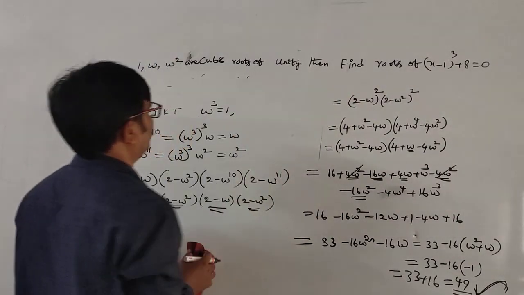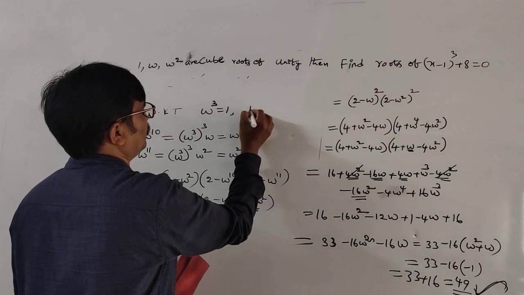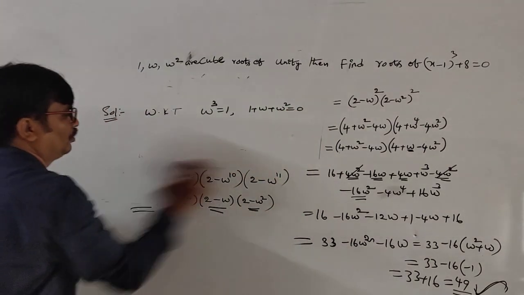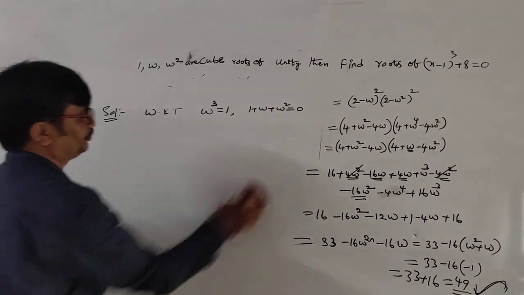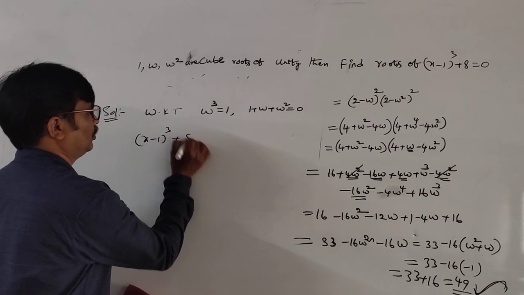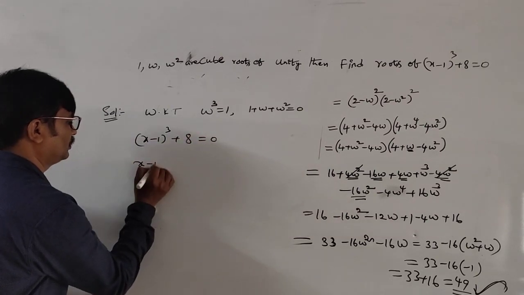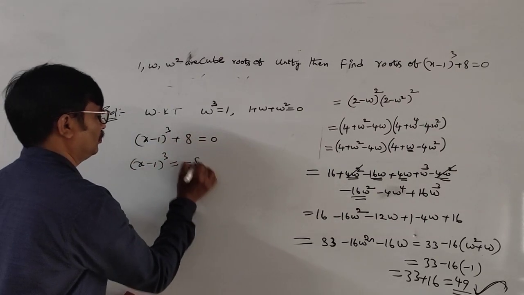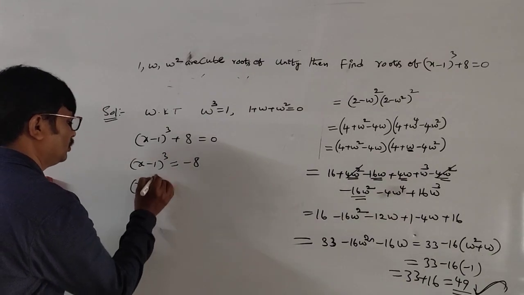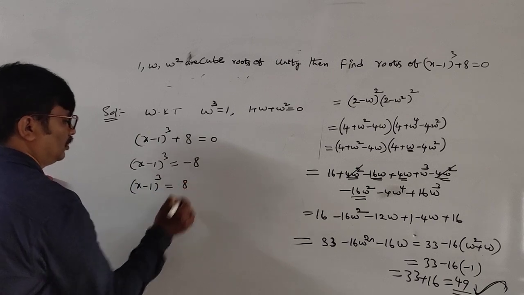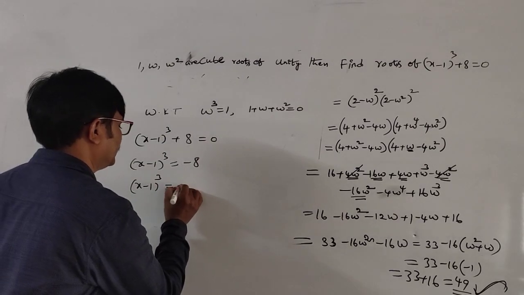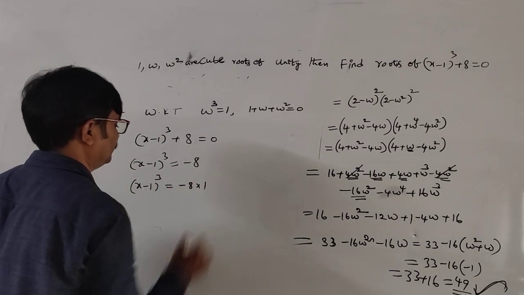Dear students, we have to know that omega cube is 1, and 1 plus omega plus omega square equal to 0. Dear students, x minus 1 whole cube plus 8 equal to 0. x minus 1 whole cube equals minus 8. How to write this, students? We can write it as minus 8 into 1.